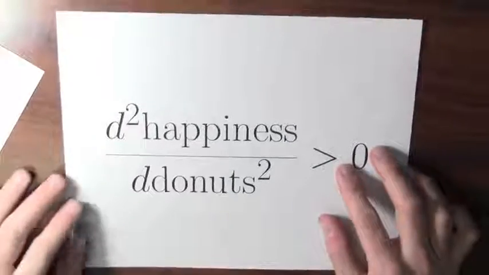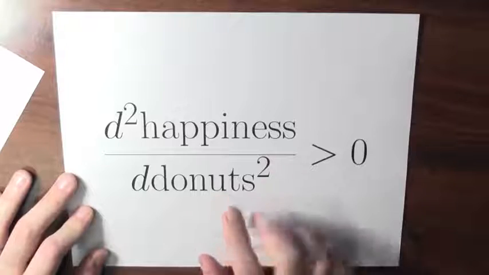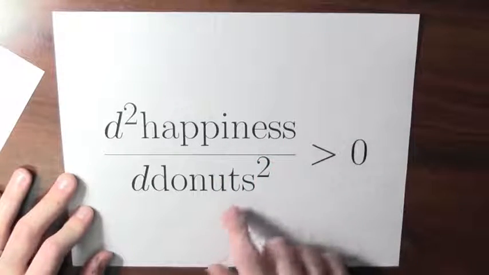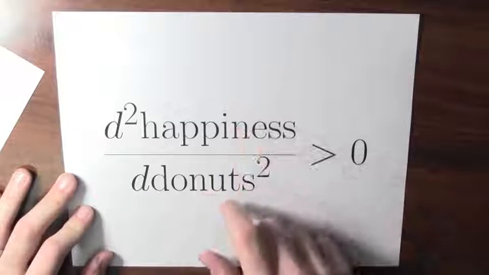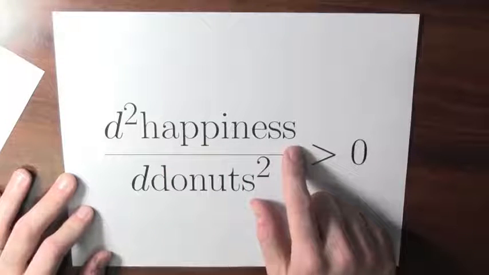Now something else might be true right now. I might know something about the second derivative of my happiness with respect to donuts. What is this saying? Maybe this is positive right now. This is saying that a small change to my donut eating habits might affect how changing my donut habits would affect how happy I am.